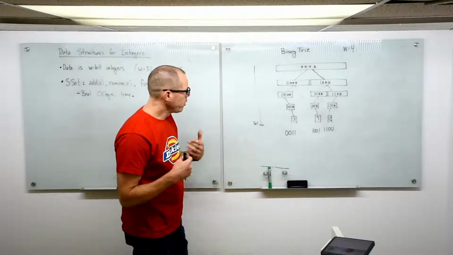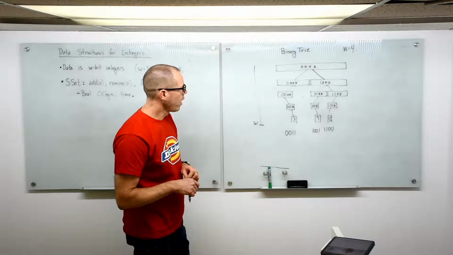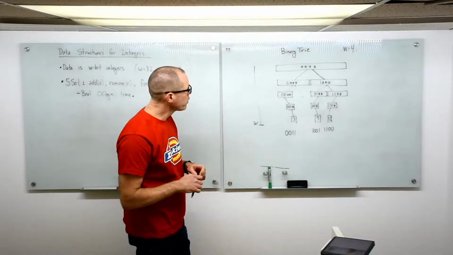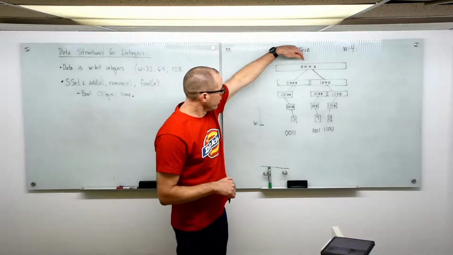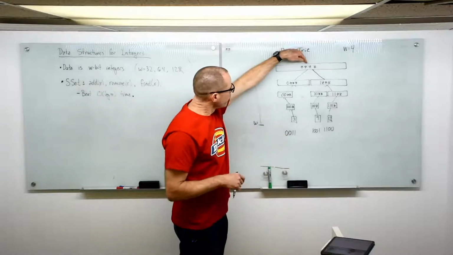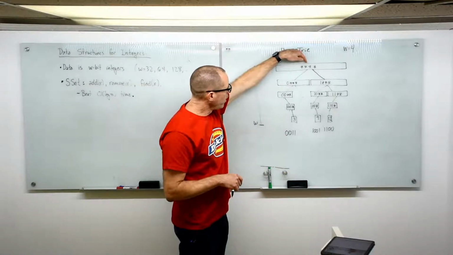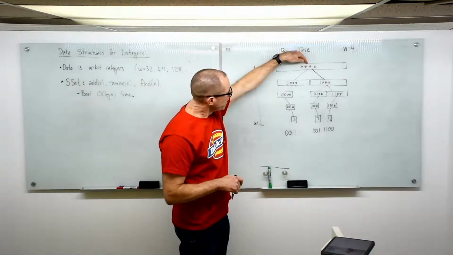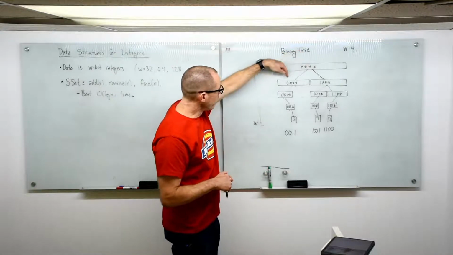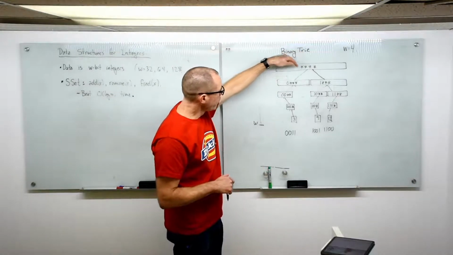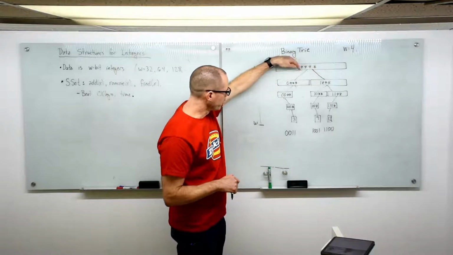And the way you imagine looking for something in this trie is you look at the first bit. You start at the root, you look at the first bit. If the first bit is 0, you go to the left child. And if the first bit is 1, you go to the right child.